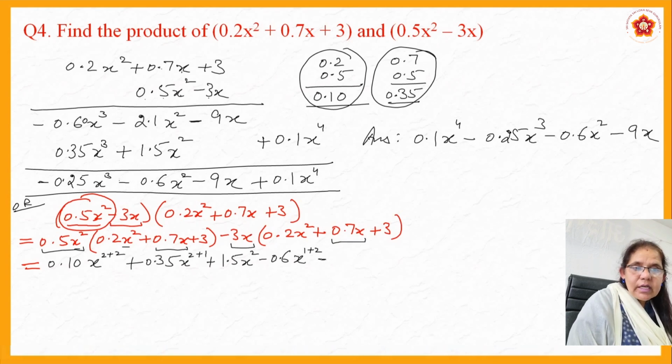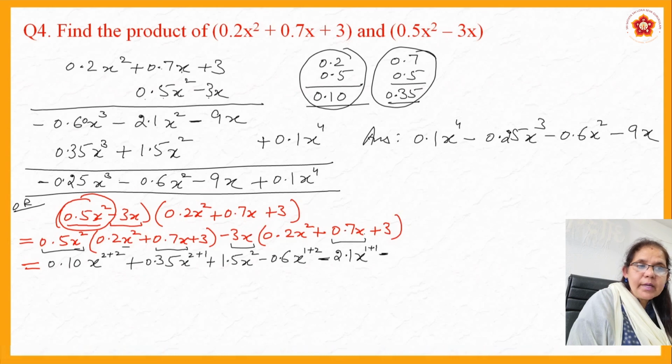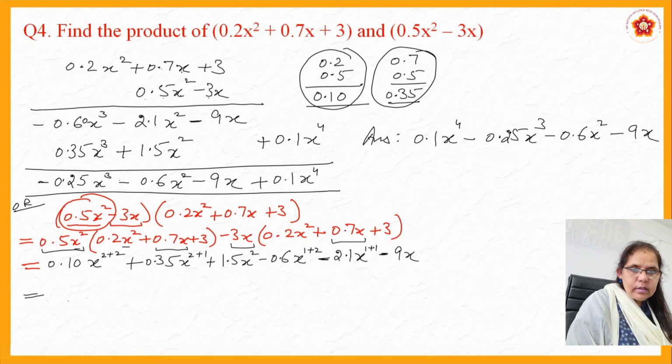A minus sign will come here, one is minus, other is plus. 3 into 7 is 21, and the decimal will be before 1. And x multiplied by x, powers will get added up. Now the last term, minus 3x multiplied by 3. 3 3s are 9x. Now let us simplify it.